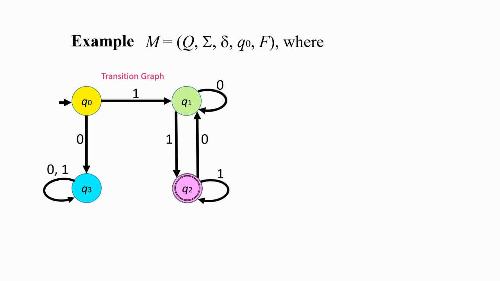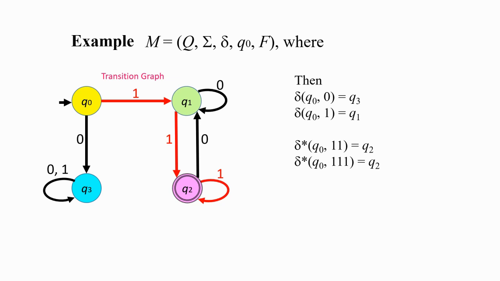Now look at the transition graph. So delta with Q0 and 0, it goes to Q3. Delta with Q0 and 1, it goes to Q1. Delta star with Q0 and 1, 1, it goes to Q2.